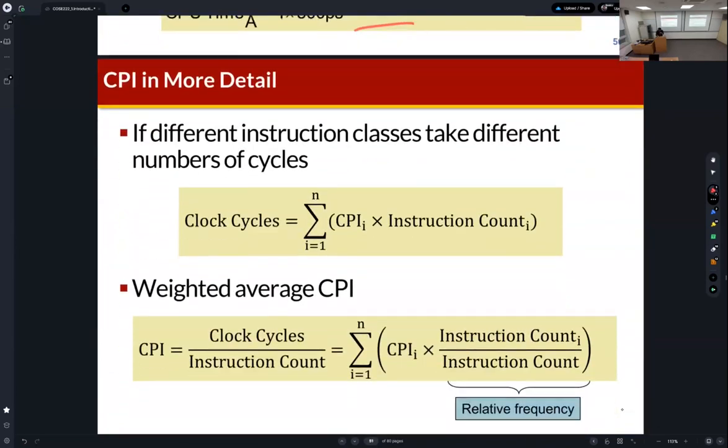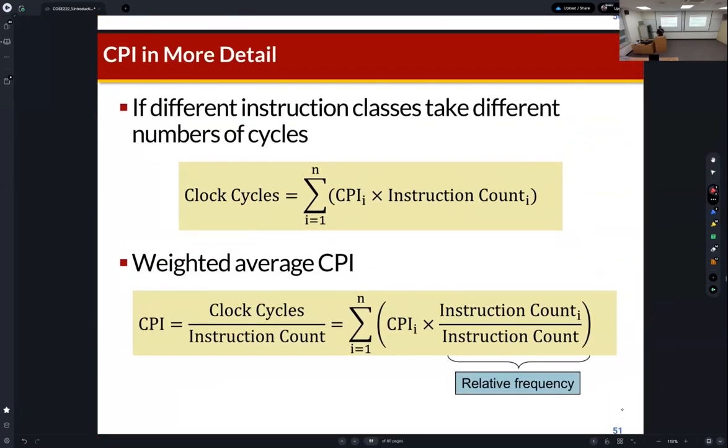So then how can we calculate the CPI? Actually, different instructions take different clock cycles.